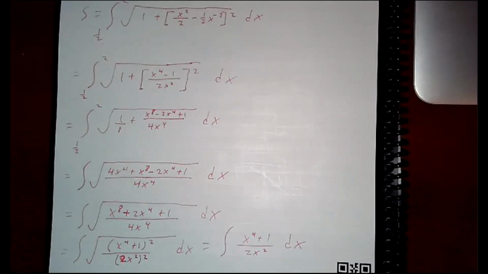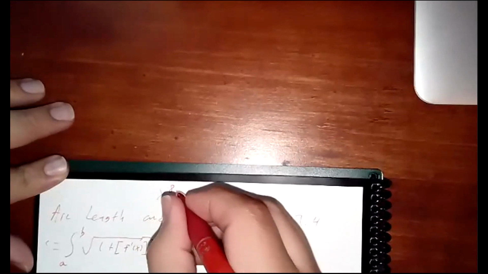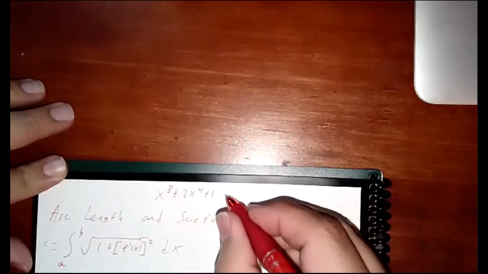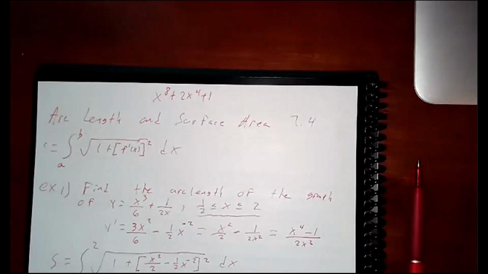The 2x^4 and the 4x^4, right? This is a perfect square here: x^8 plus 2x^4 plus 1. Remember how we said if this is squared and that's squared, you can do a perfect square using your formula, which is, let me show you real quick, in case it's been a while.